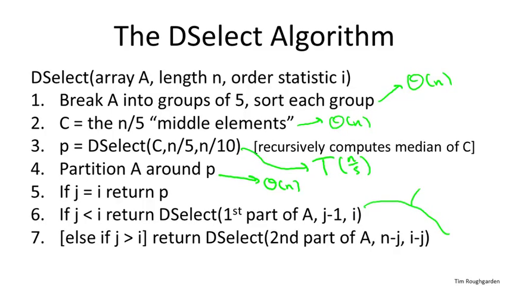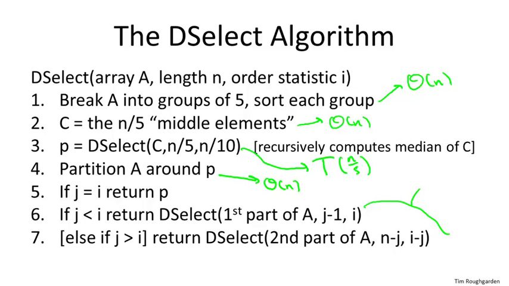Oh yeah, now we're remembering why we didn't use recurrences when we discussed randomized quicksort and the randomized selection algorithm. It's because we don't actually know how big the input passed to this recursive call in line 6 or 7 is. Line 3, no problem. It's guaranteed to be 20% of the input array because that's how we define it.